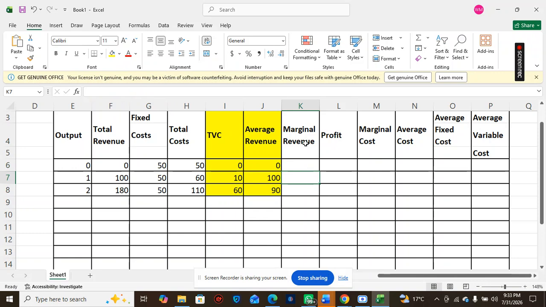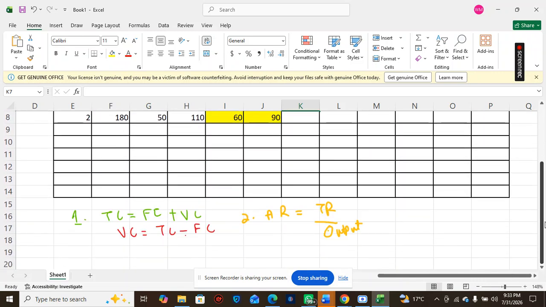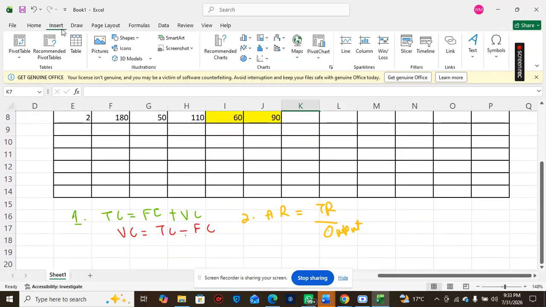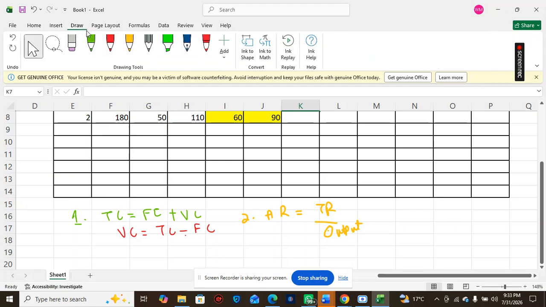Next is marginal revenue, the extra revenue per unit. So this is equation 3. Marginal revenue equals change in total revenue.